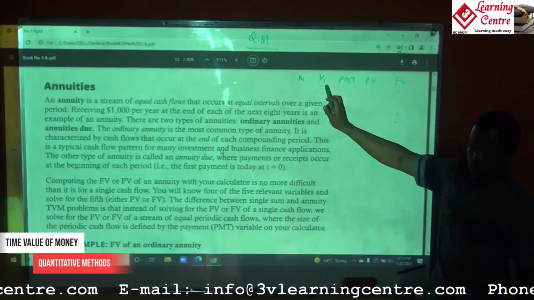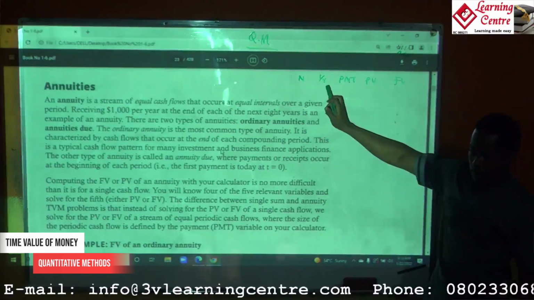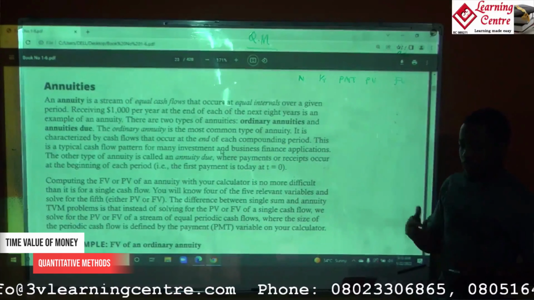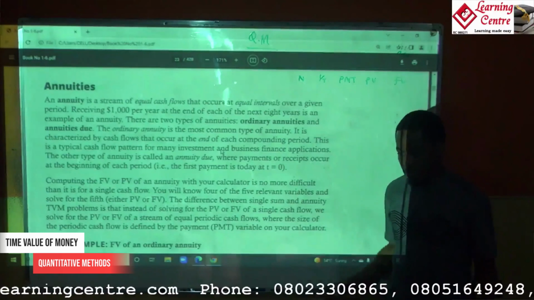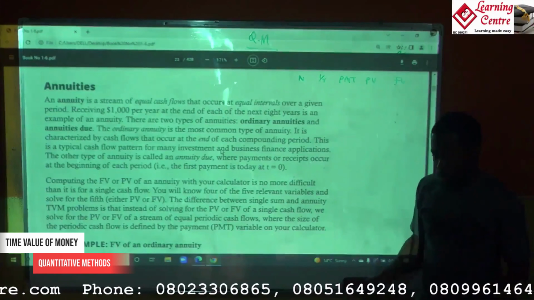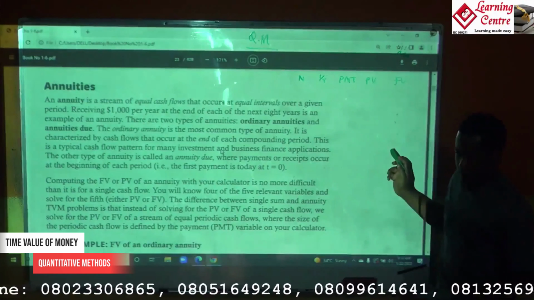Similarly, I over Y is the interest rate per compounding period. Now we know that usually when you go to a bank to take a facility, you'll be given interest rates. Maybe they tell you, oh, this facility is 50% per annum, and then somewhere they put maybe compounded quarterly.